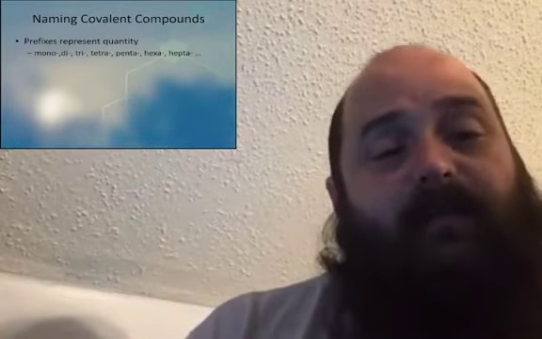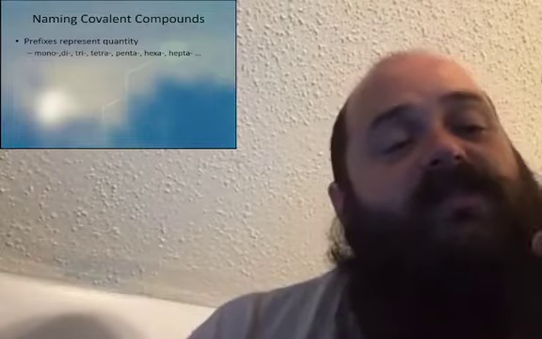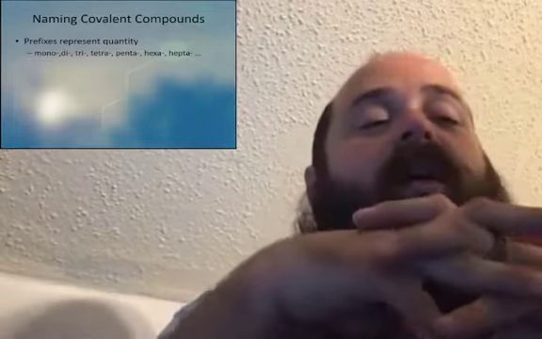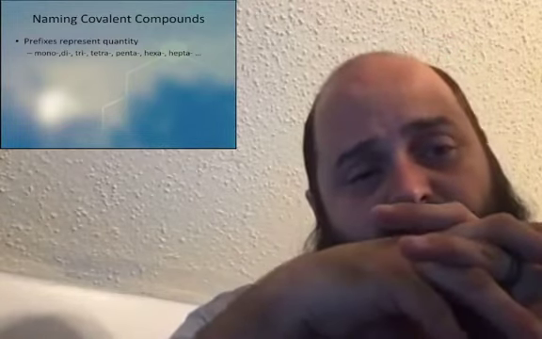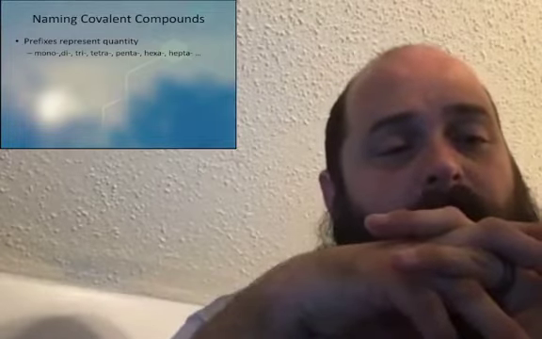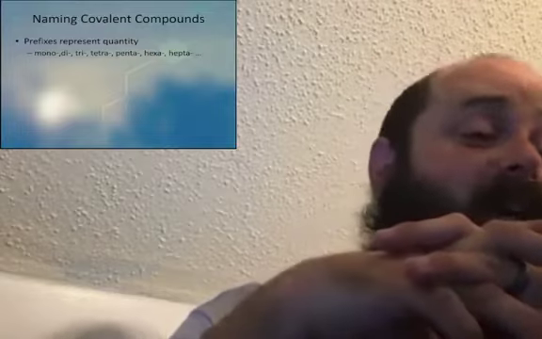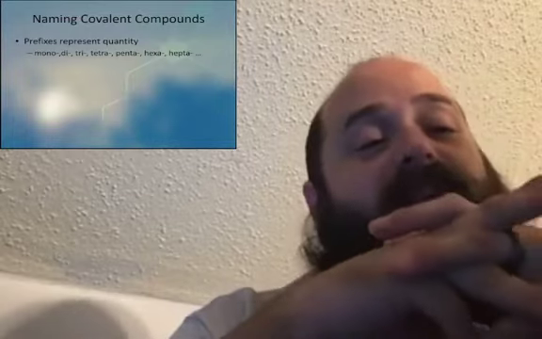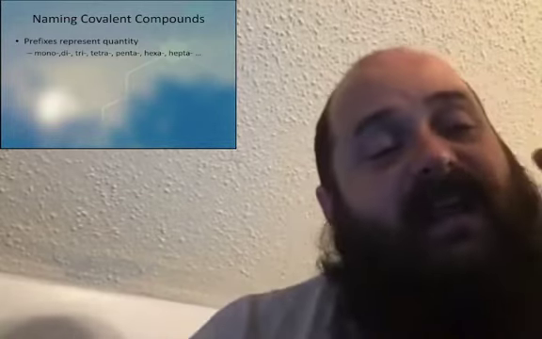So for example, the 2 oxygens and 1 carbon in that covalent compound would be monocarbon and dioxygen. Mono meaning 1 because there's 1 carbon, di meaning 2, there's 2 oxygens. So you put a prefix on each one of those to indicate how many.